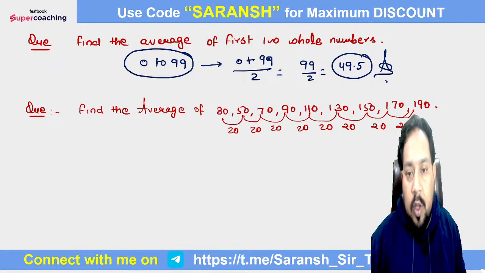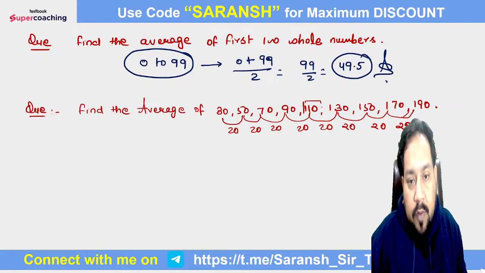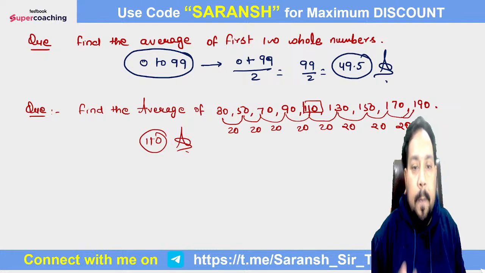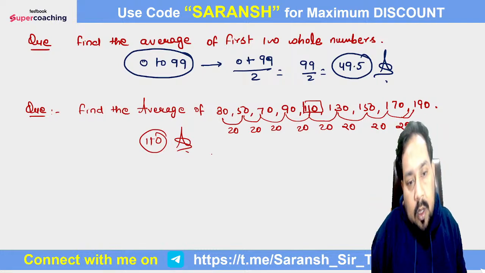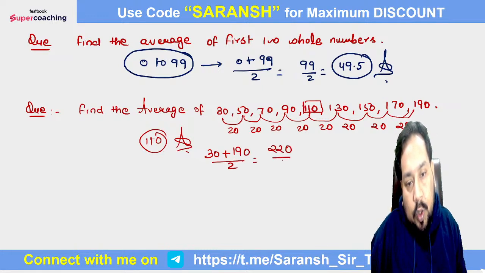Now what we will do, first count. 1 2 3 4 5 6 7 8 9. 9, it means odd. Just take the midpoint, 4. Therefore here it is 110. 110 is your answer. But if we want to calculate, just solve 30 plus 190 upon 2, that is 220 upon 2, that is 110.